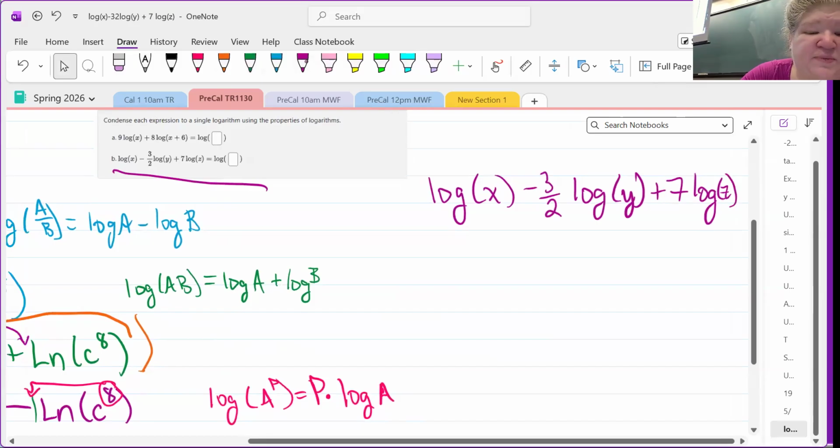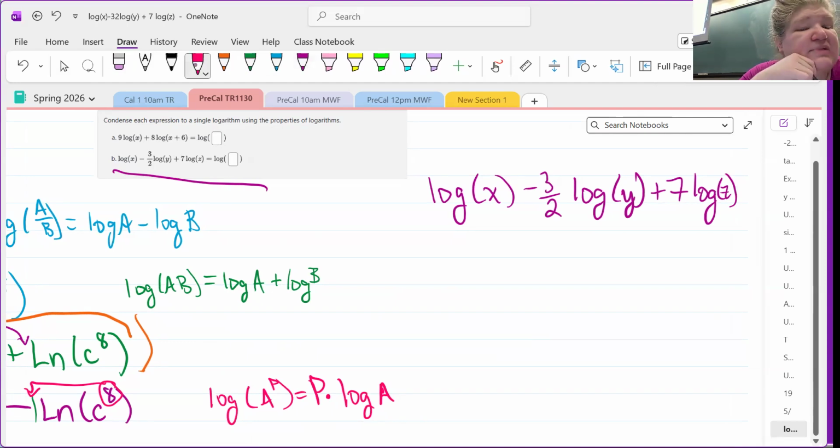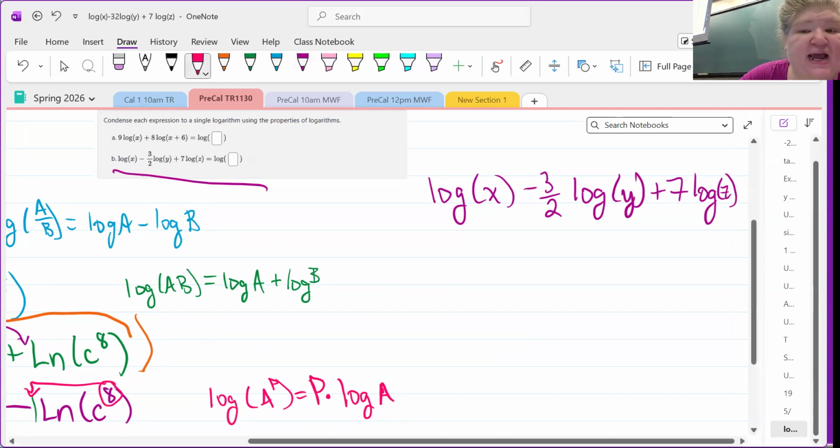Oops, sorry, I put the parenthesis in the wrong spot. So I'm going to use my same log properties, but I'm going to have to use them in backwards order. So I'm actually going to have to use the power rule first. So this 3/2 and the 7 are going to have to come up as powers. The log x doesn't have a number in front, so it's just going to hang out as a log x for this step.